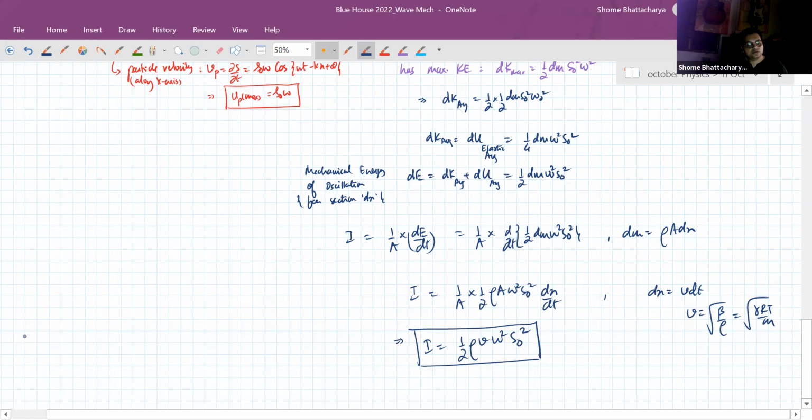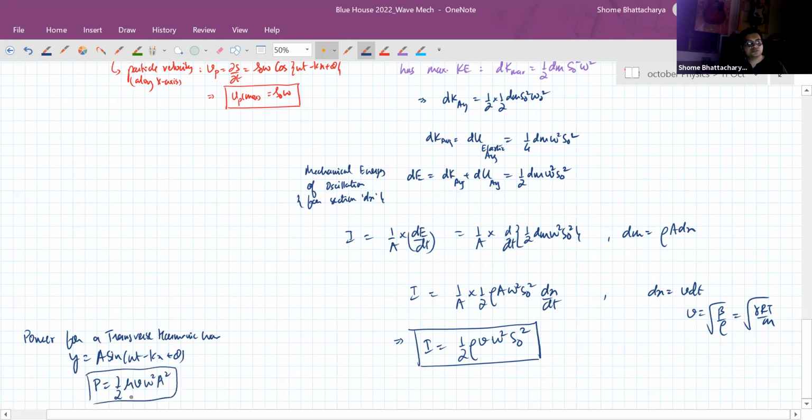If you recall, the power for a transverse harmonic wave, y equal to a sin(omega t minus kx plus phi), was given by half mu v into omega square into a square. Here mu is mass per unit length. So you replace that with density, which is mass per unit volume.